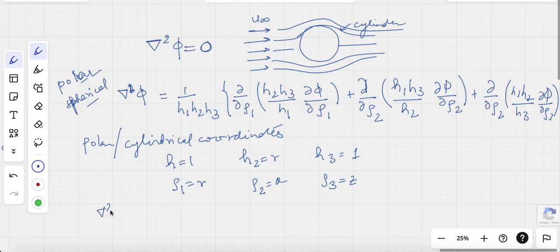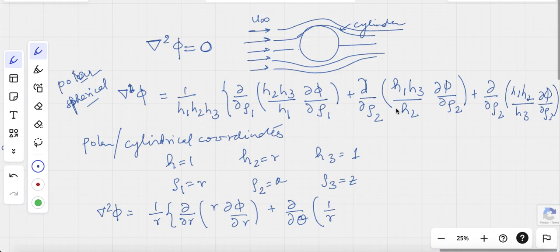We have del square psi is equal to 1 by r d of dr r d psi by dr plus d of d theta 1 by r, h2 is r so it goes to the denominator, d psi by d theta plus d by dz r d psi by dz.